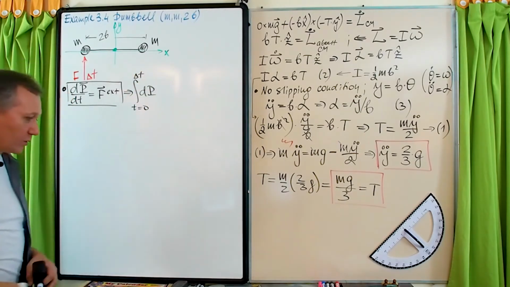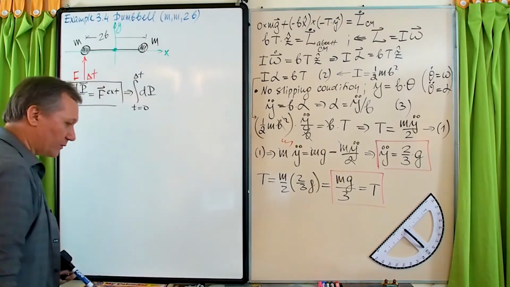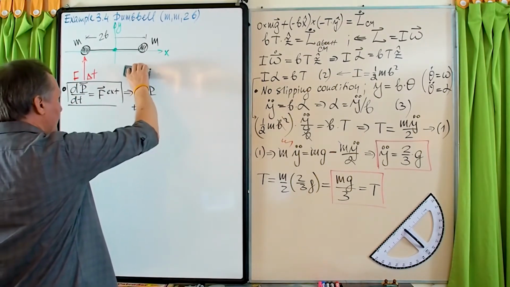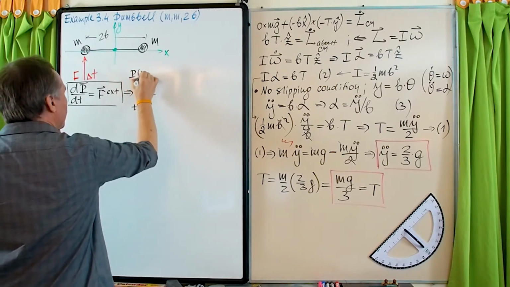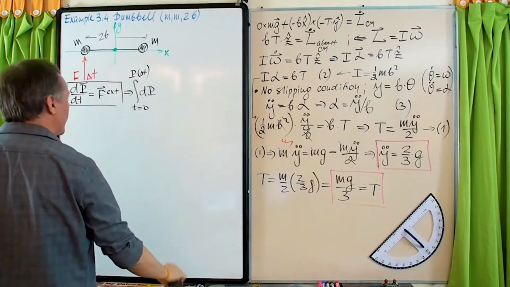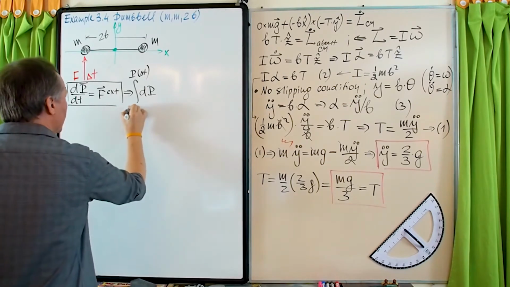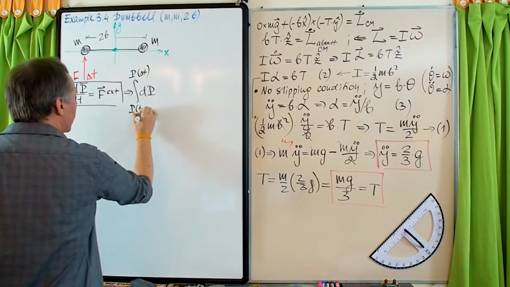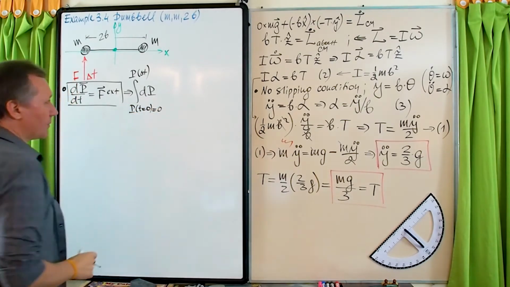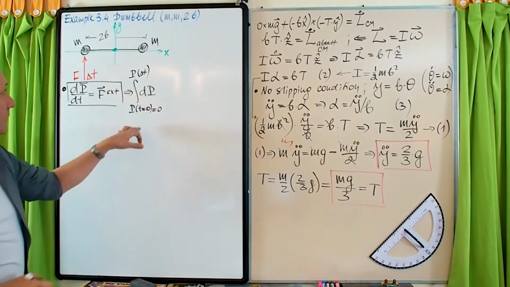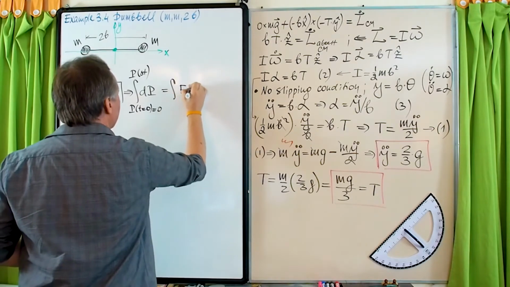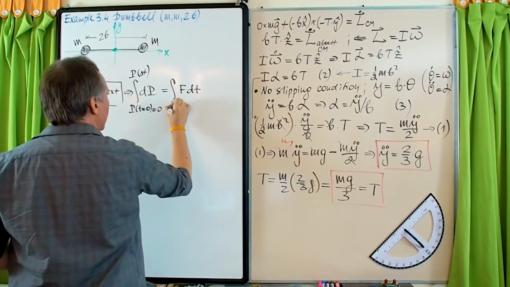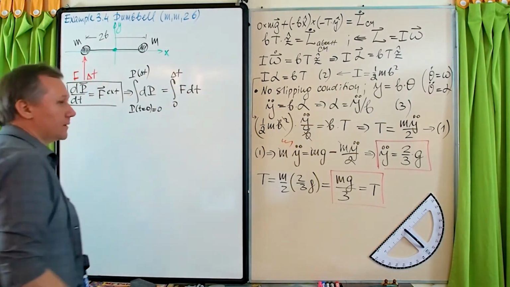Let me write P at delta t, yeah, it will be better to write this way, and P at t equals 0. Of course, initial linear momentum is 0. We know that. And so here, the integral of F dt, of course from 0 to delta t.